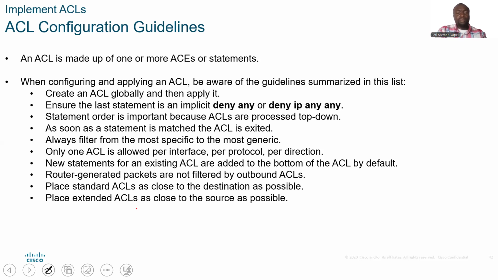As soon as a statement is matched, the access list is exited. So always filter from the most specific to the most generic. From the most specific to the most generic. So that's how it works. Only one access list is allowed per interface, per protocol, per direction.